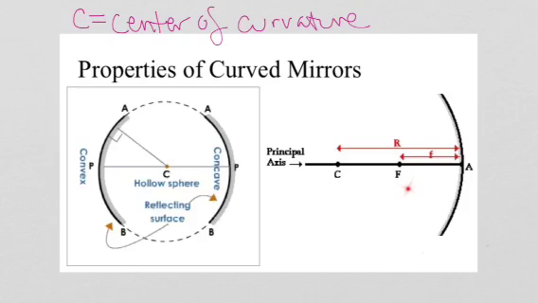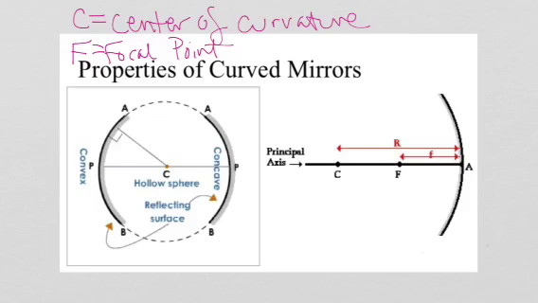We also have F, which is going to be our focal point, which is halfway between the center of curvature and the mirror.